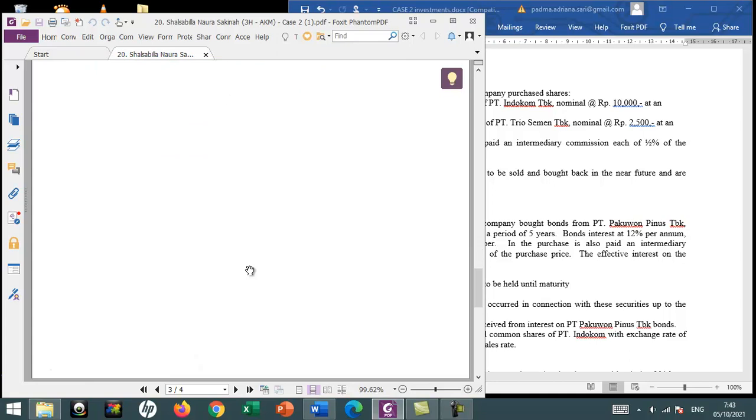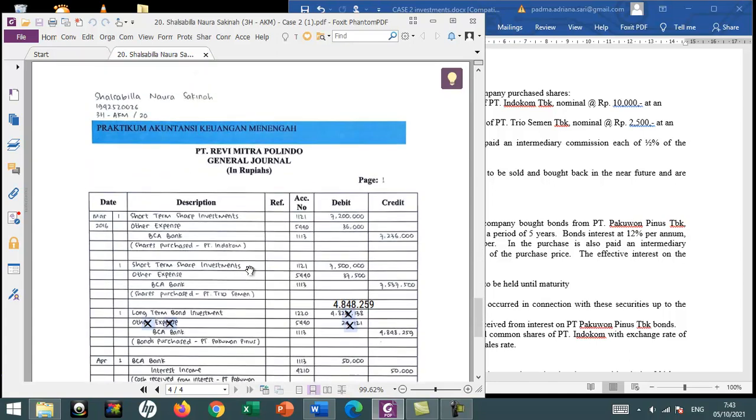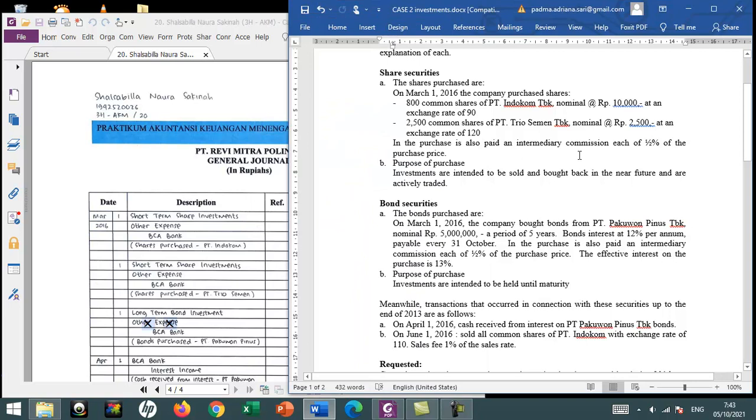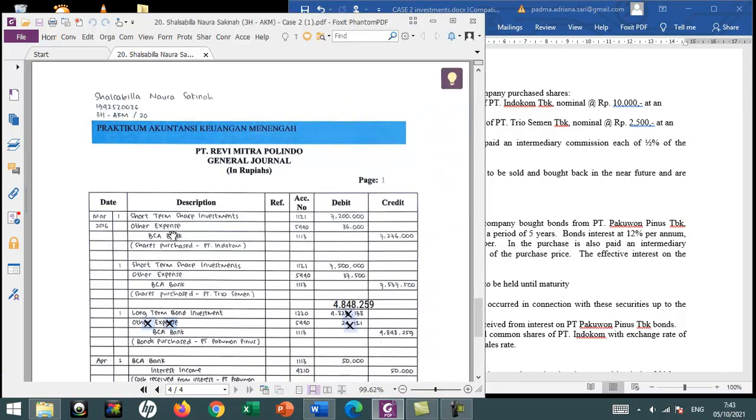Okay, now let's see the journal. Okay, the first one is correct. So short-term share investment, and then other expense was the commission fee, and then the credit is BCA Bank because the company used their money from BCA Bank to buy this share investment.